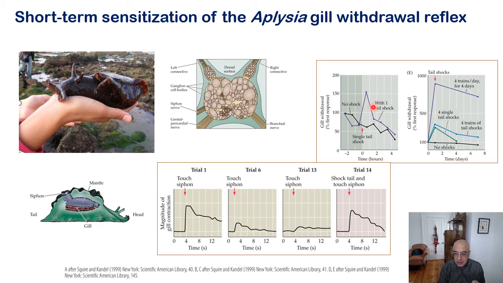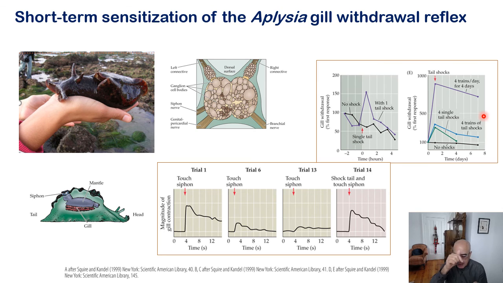That's what is shown here. But if you give this pairing multiple times or over multiple days, then you can make the sensitization last for a long, long time. The long-lasting sensitization will come back in the discussion of long-term synaptic plasticity. Right now, I want to talk about sensitization itself.